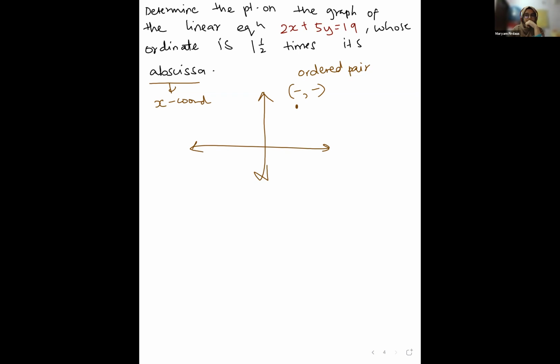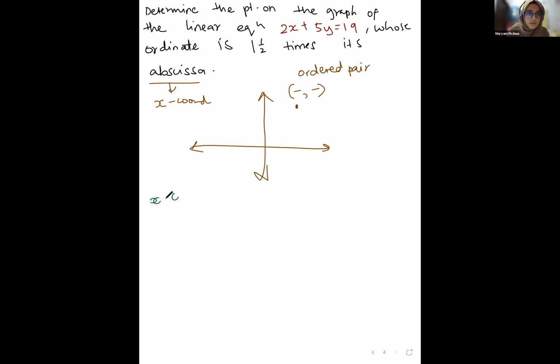Ma'am, first we will find the value of x and y. How will we do that? Ma'am, let x be 0. Okay, fine. Let's do what you are saying.